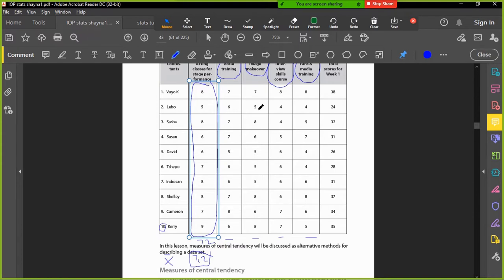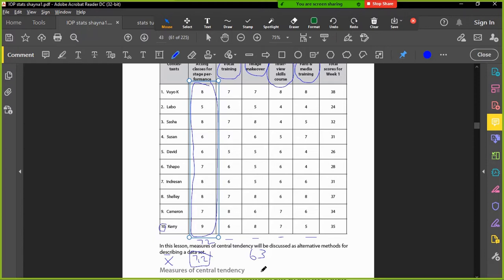7 plus 5 plus 8 plus 6 plus 5 plus 5 plus 5 plus 8 plus 6 plus 8. 31.5. Oh, sorry, I divided by 2. I see where I went wrong.